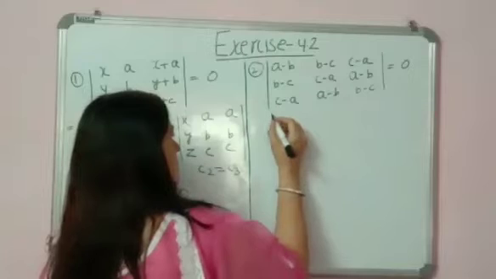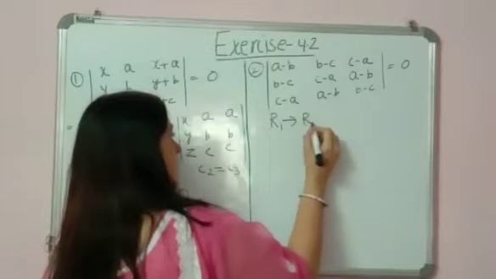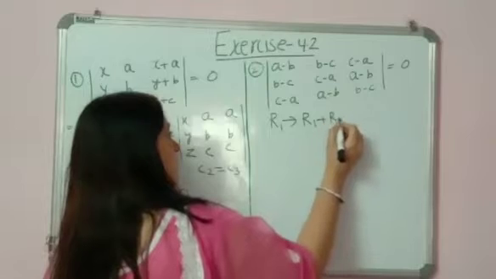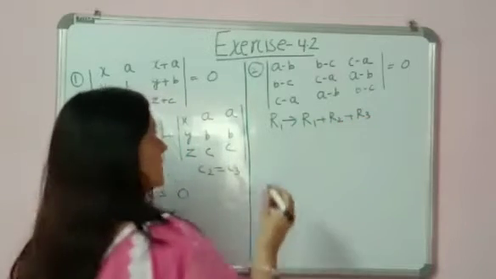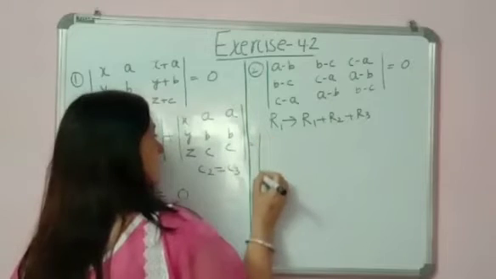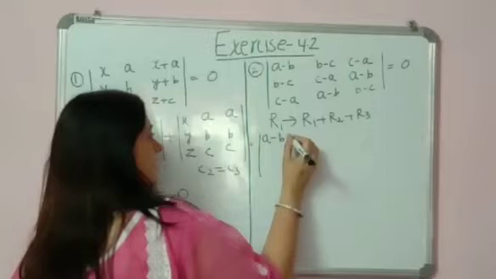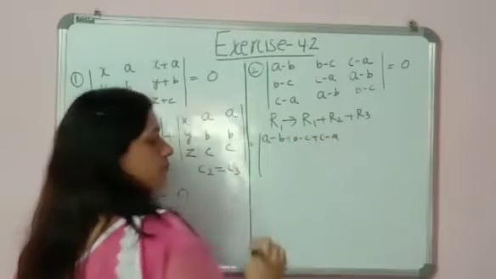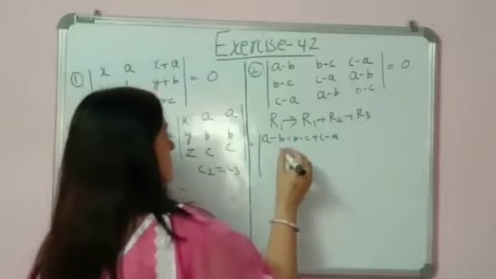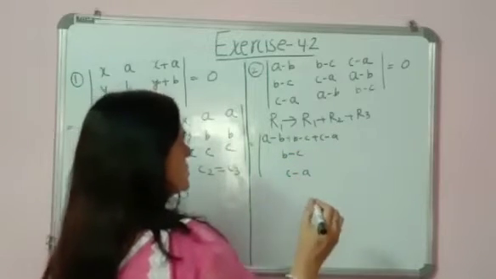So let us change R1 to R1 plus R2 plus R3. So you will get A minus B plus B minus C plus C minus A. Then the other two terms will be the same. Then come to C2.